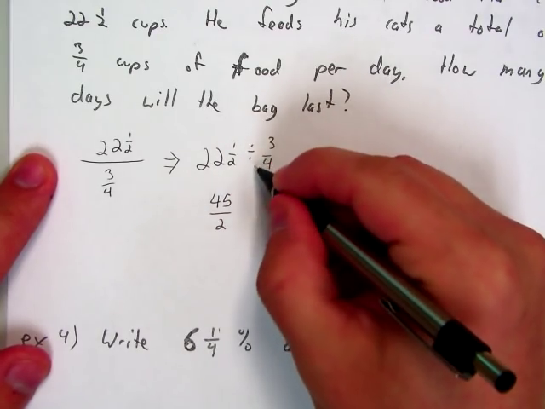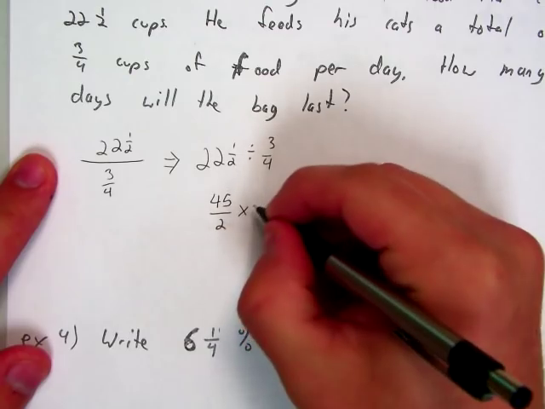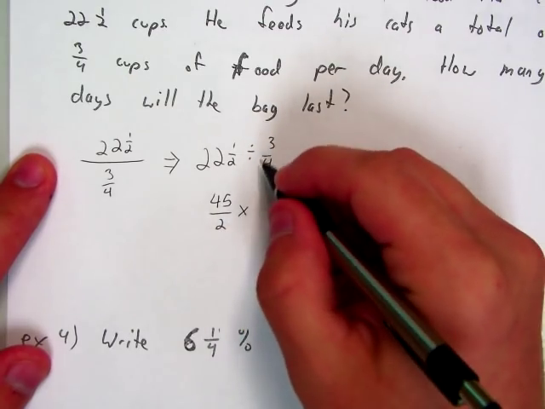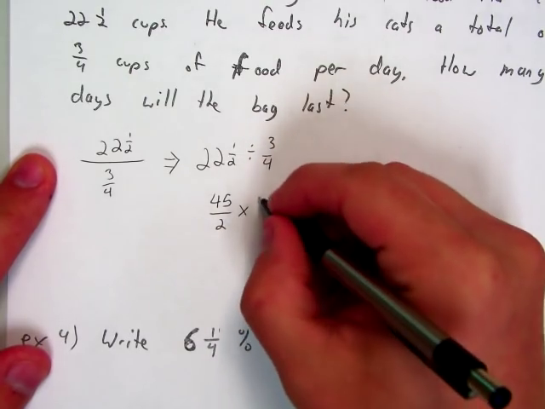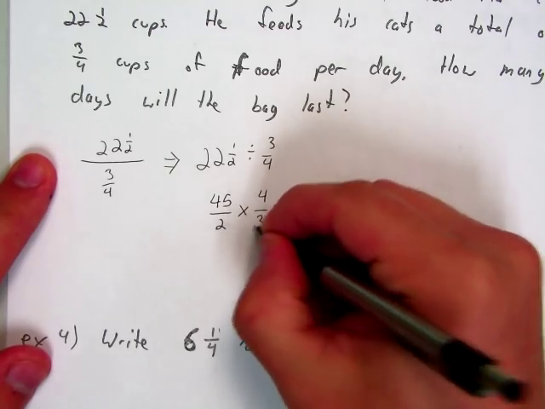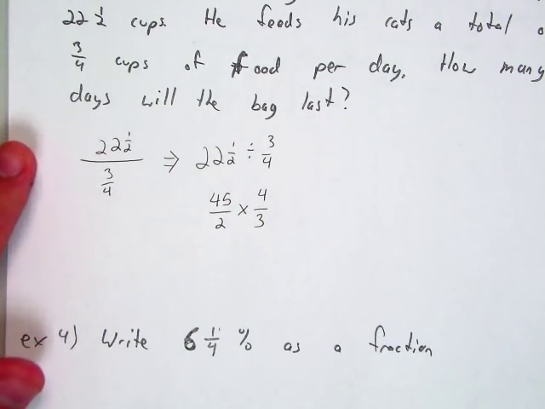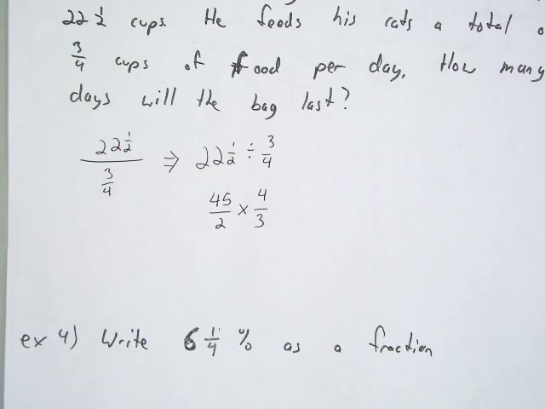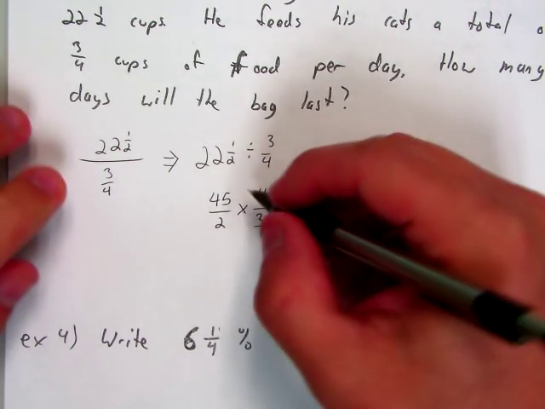I want to change this division sign to a multiplication sign. And I want to change or flip this fraction to its reciprocal.